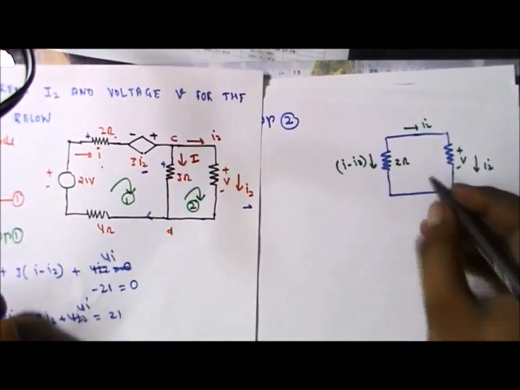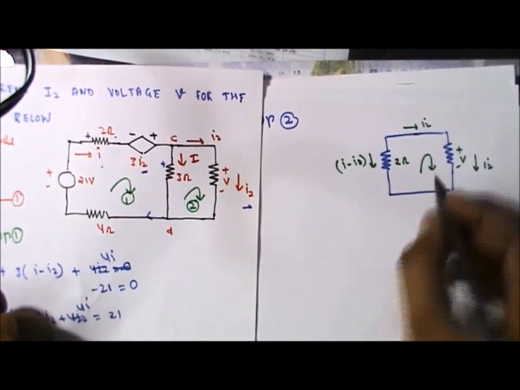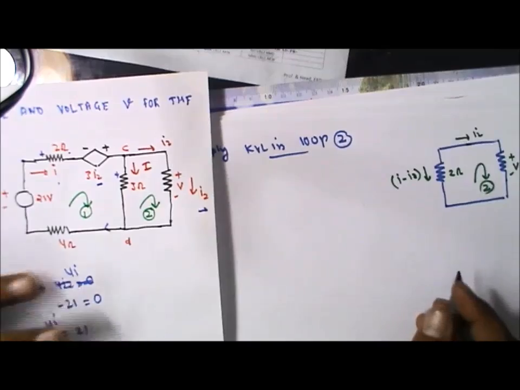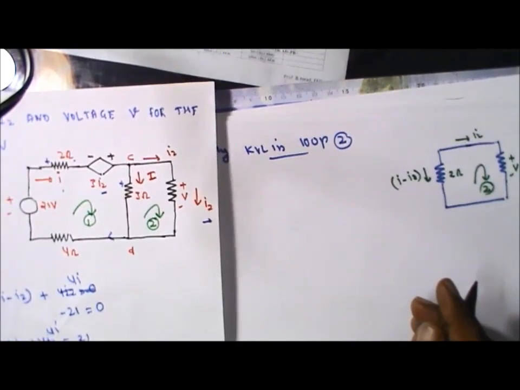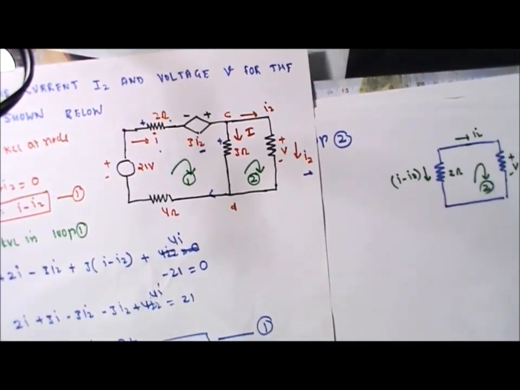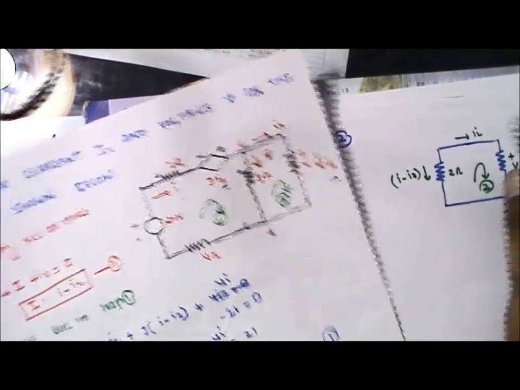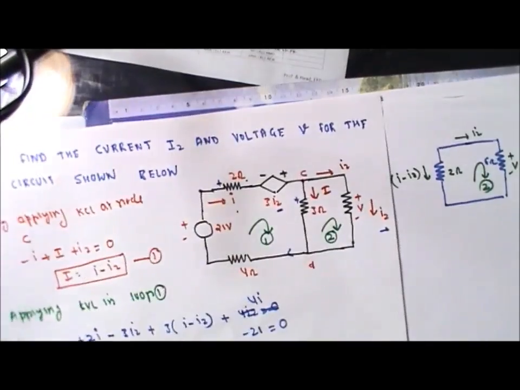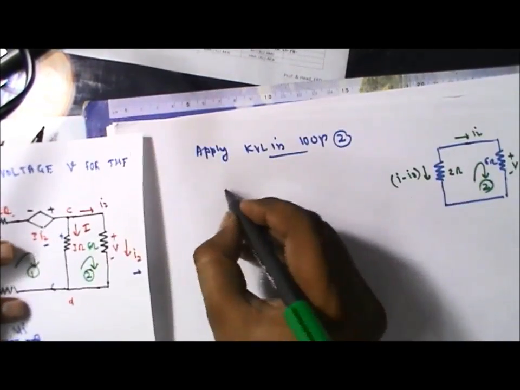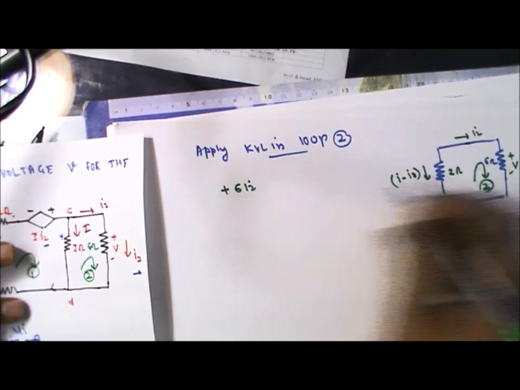So applying the KVL in the loop 2. The current is moving like this fashion, so it's having a voltage drop, like we can say that it is having a magnitude of 6. It's having a 6 ohm. So it's a plus 6 into I2.